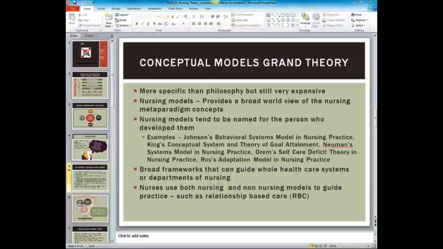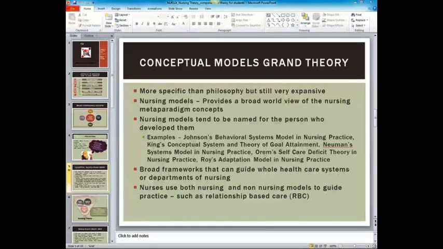And so some things in some texts you'll see written as a conceptual model or a philosophy, and in some you'll see them written as a theory. A good example in this course is we're going to be talking about Jean Watson when we're talking about philosophies, but in some places you will see her mentioned as either a model or a theory.